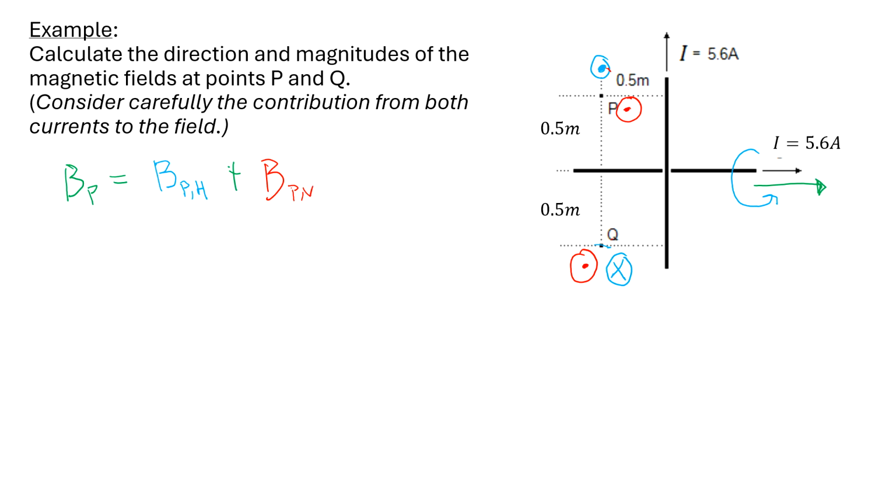And for each of these, they're going to follow that same equation, mu naught I over 2 pi r. Same equation, mu naught I over 2 pi r. In theory, these could be different. Let me write a little h just to make that clear.